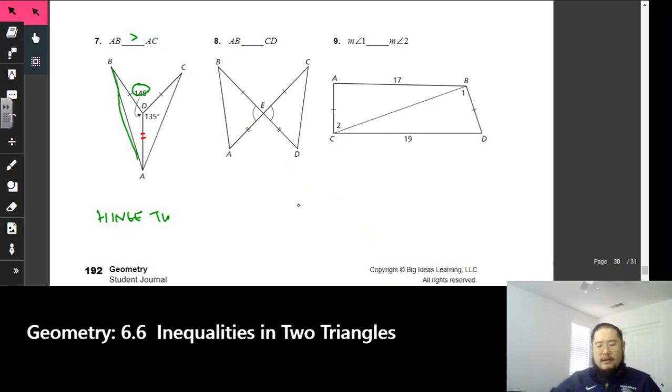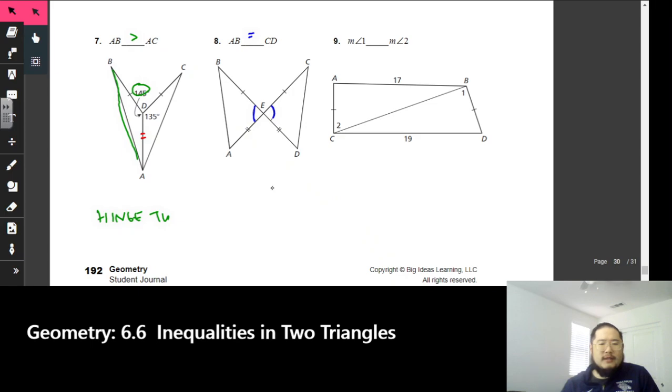Right here, number 8. Take a look at the diagram, look at some of the markings they have. We have in each triangle two congruent sides. And look right here, we've got these angles, and hopefully you remember the relationship between the two, they're vertical angles. So since they're vertical, they're going to be equal to each other. And so BA or AB right here will be equal to CD.